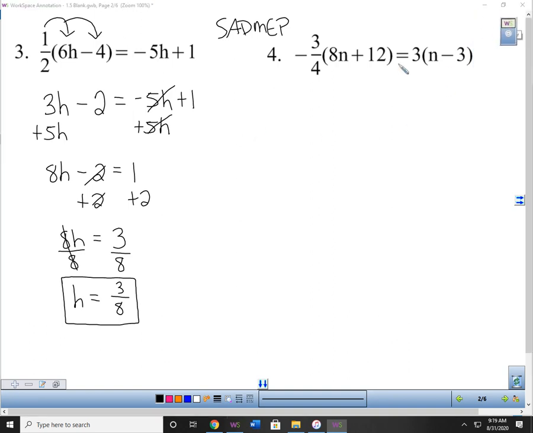So on number 4, on this side of the equal sign, I have to distribute this negative 3/4. And on this side of the equal sign, I'm going to have to distribute 3.